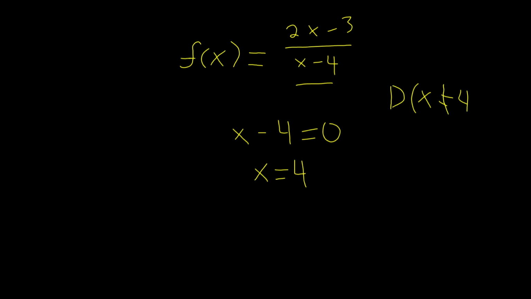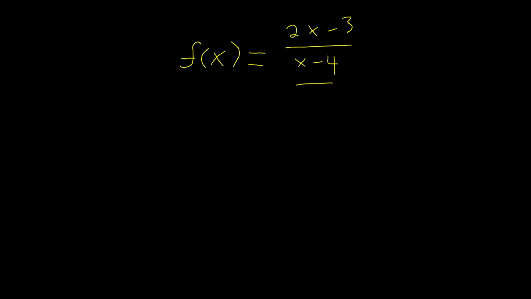So now what if we replace the x minus 4 with x squared plus 4x plus 4? What is the domain of this function? So remember, when we have functions that are fractions, we have to set the denominator equal to 0. So let's set the denominator x squared plus 4x plus 4 equal to 0.